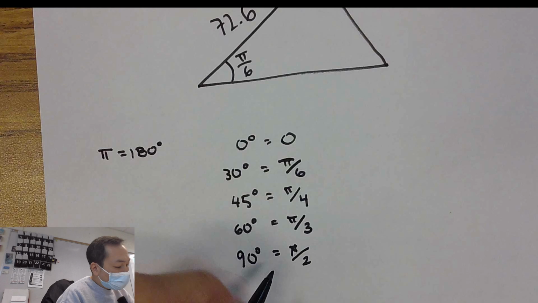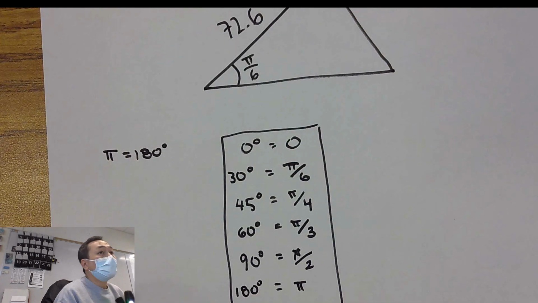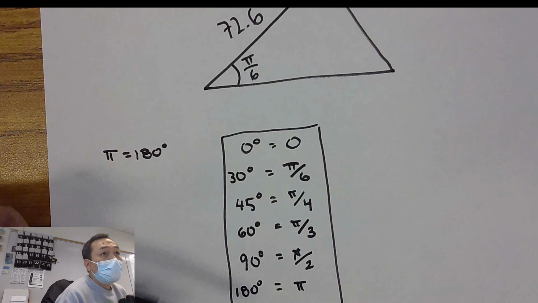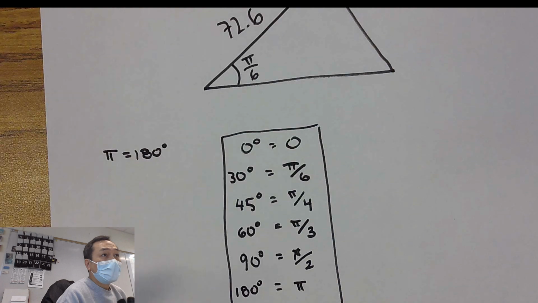If you guys remember this table, it will serve you well, because these are all the key degree measures that we do with the special right triangles. And in trig, without a calculator, I can require you guys to give me the sine of 30 or the sine of 45 or any trig function of these values.